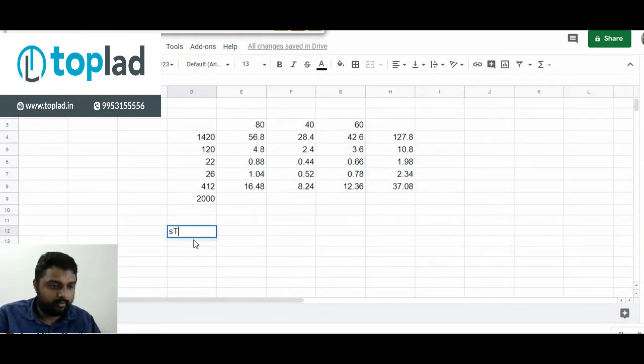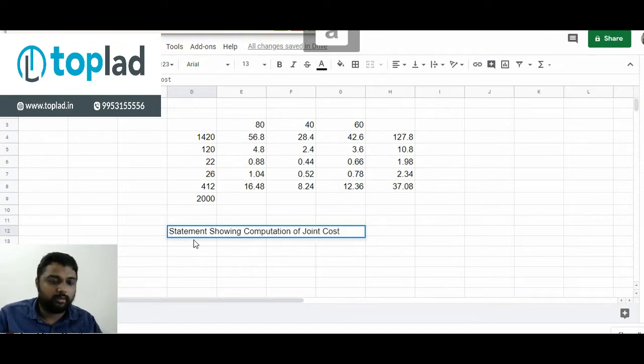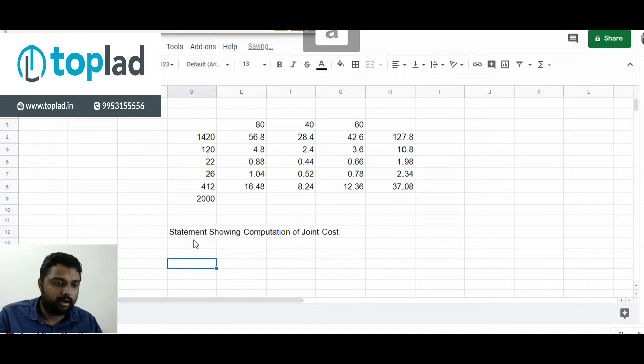Statement showing computation of joint cost.